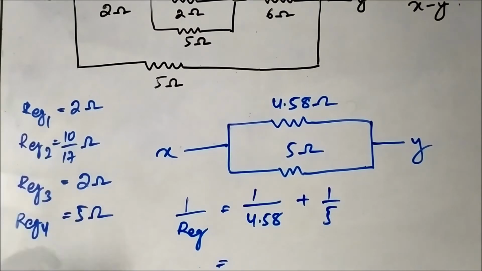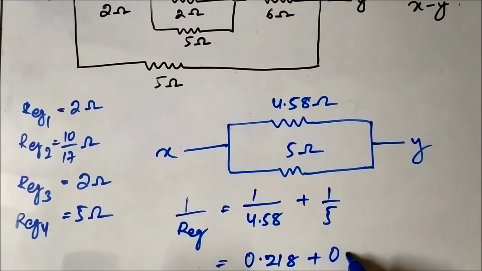Okay, so let us just calculate it. This is 0.218 plus this is 0.2, which is equal to 0.418. This is 1 by R equivalent.